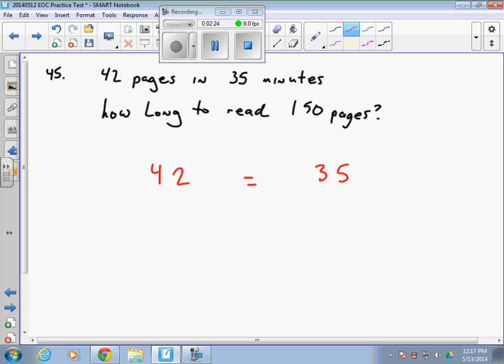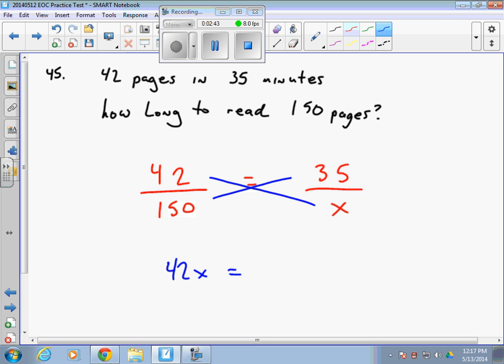That's exactly how it's written. So how long will it take to read 150 pages? So 42 over 150 equals 35 over x. Cross multiply. 42 times x is 42x. And 150 times 35 is 5250.